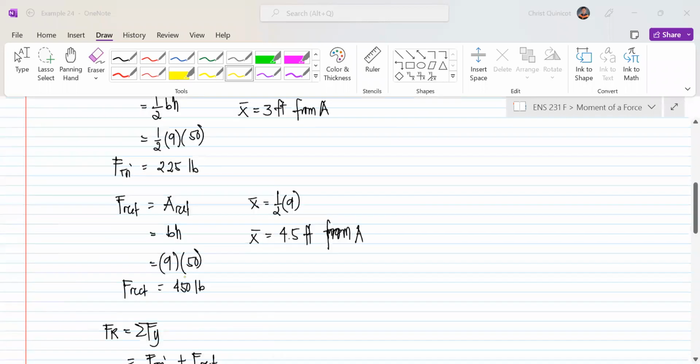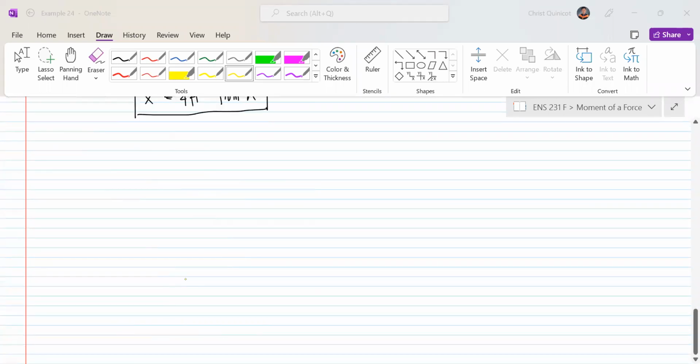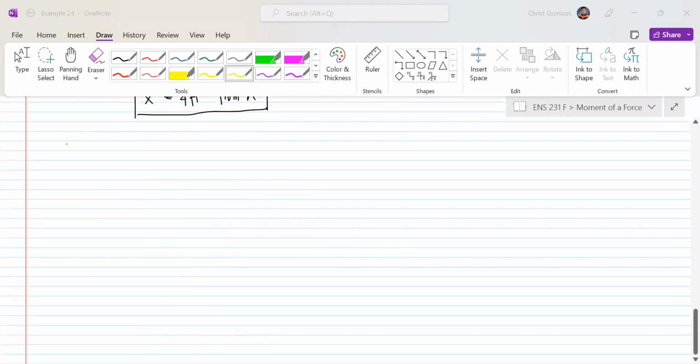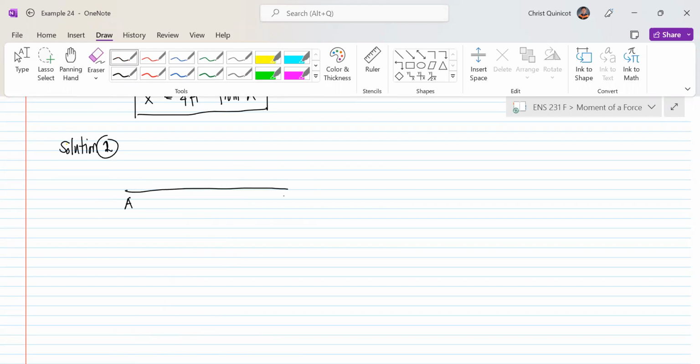So another option on how we're going to find the resultant and its location is simply, let us say, solution B. Okay. So if this is our A and this is B, we have 50.